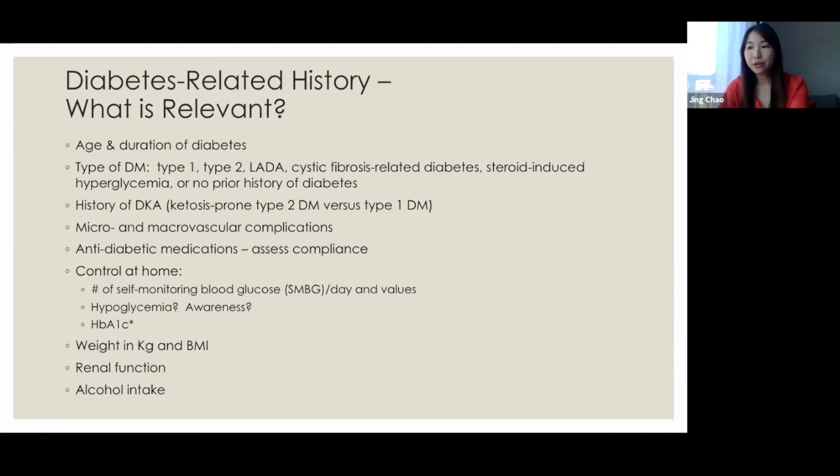To assess the control of blood sugar at home, in addition to the blood sugar values that patients report to you, a very effective way of assessing how reliable or how compliant a patient is, is assessing how frequently the patient is monitoring the blood sugar at home. Nowadays, we have more and more patients using the continuous glucose monitor.